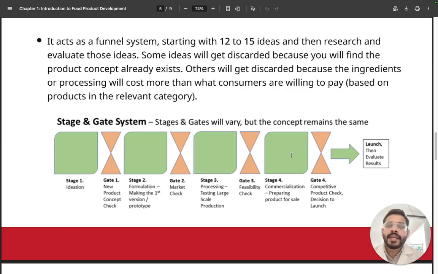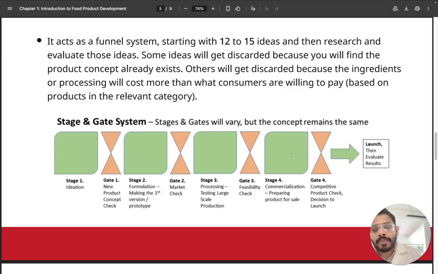If you see a corporate company developing products for the market, there will be a specific criteria for analyzing a problem, that means different types of problems based on the market requirement and the consumer trend. We need to develop some formulation, then it comes to the processing, the commercialization and launch of the product. If you consider the first stage, ideation, in this stage we grab 12 to 50 types of ideas, that means 12 to 50 types of problems.